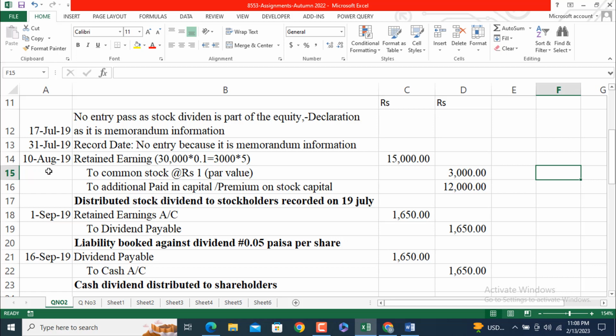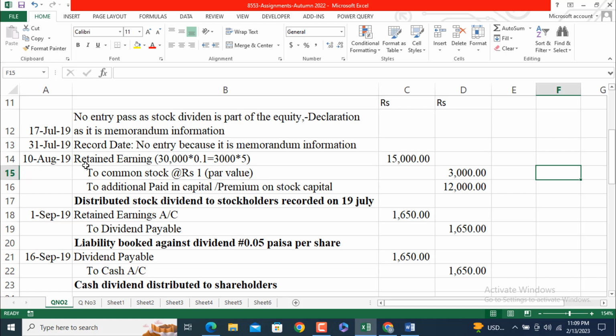So on 10th August July, no year has been mentioned in the question, for my easy convenience I am going to use this 19. You can use any year, or if you are not interested, leave it and use only the date as per your question statement.